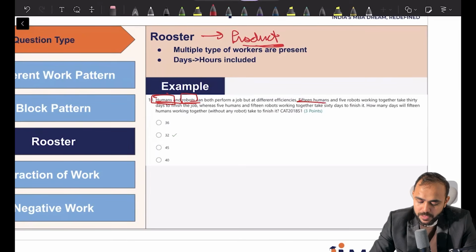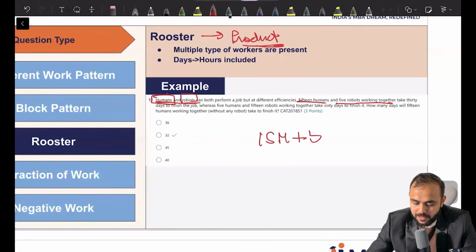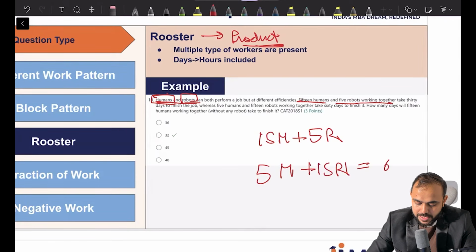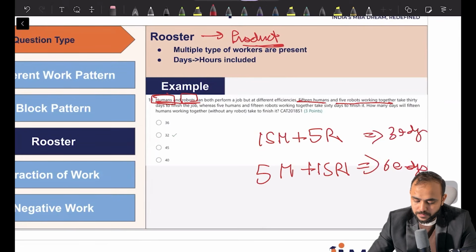So 15 humans and 5 robots working together. You'll write this as 15 humans plus 5 robots. They are taking 30 days. Then 5 humans plus 15 robots. They are taking 60 days. This is 30 days. So this is the rooster situation.